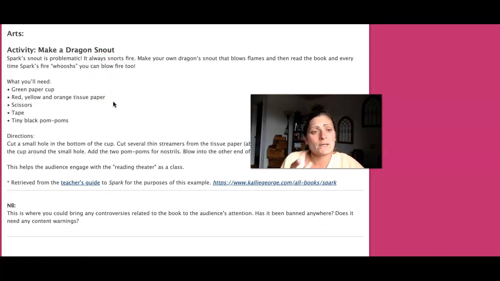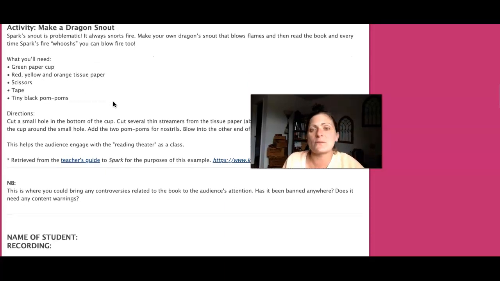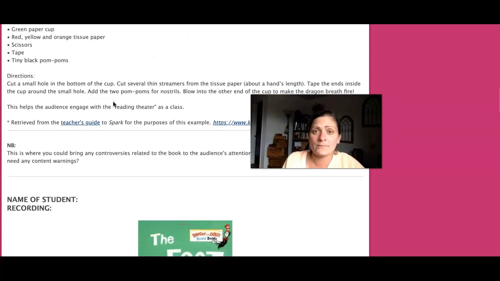This could lead to a really loud class reading, but it could also lead to a more engaged sort of sense of theater during a class reading. And so, especially if you have a class that's more reserved and you're trying to bring them out and get them a little more engaged, this might be just the way to do it.